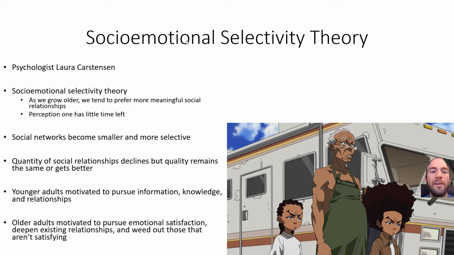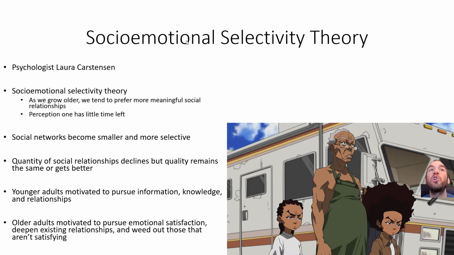So basically this is related to that positivity bias that we've talked about. As individuals age, as communities age, those members prefer more meaningful social relationships, with the social networks becoming smaller. It's theorized to be related to younger adults being motivated to find information, knowledge, make new information.